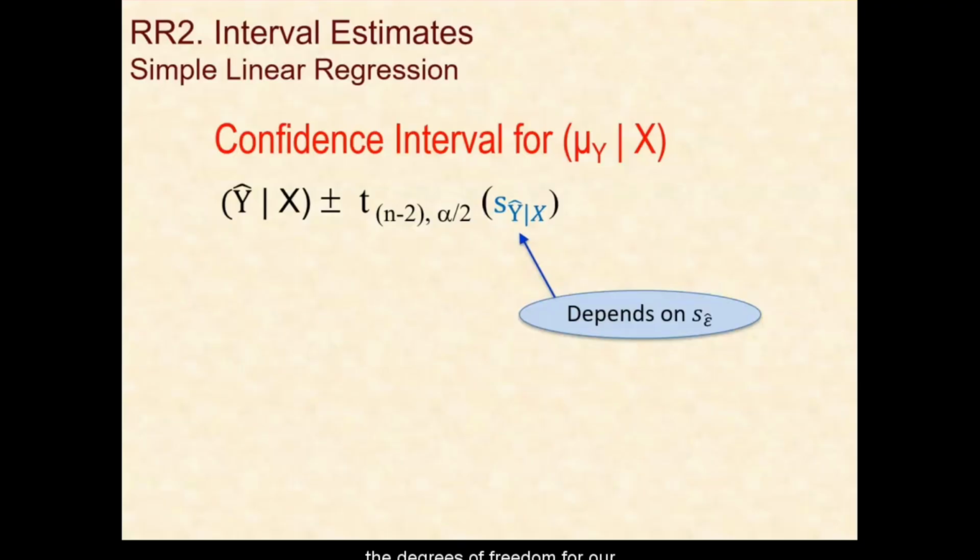Thus, the degrees of freedom for our test statistic t is connected to the calculation of s sub y hat given x, which in turn is connected to the degrees of freedom for calculating the s sub epsilon hat. For the simple linear regression, this degrees of freedom is n minus 2, as we have seen.